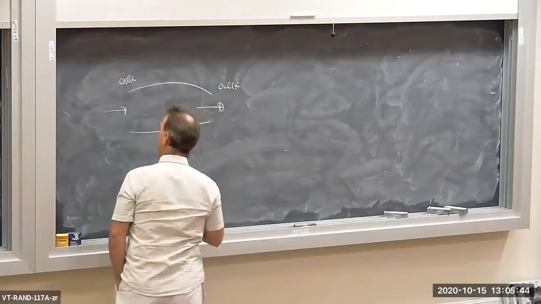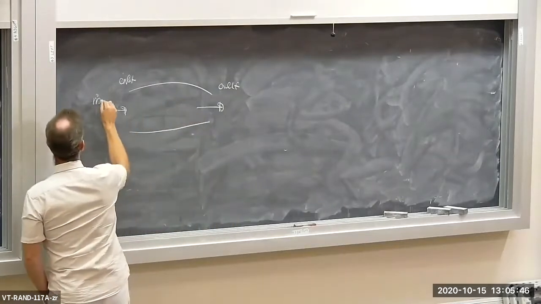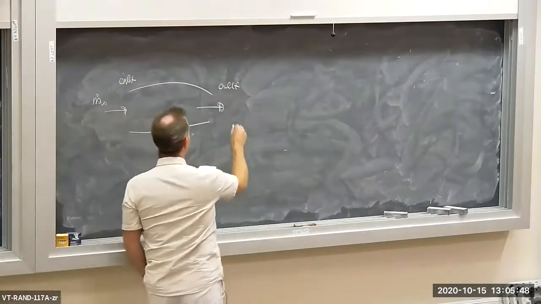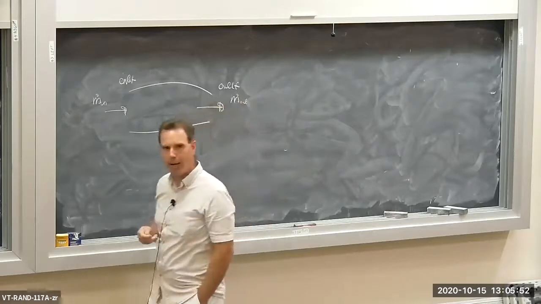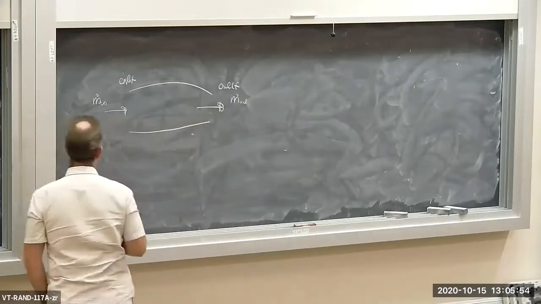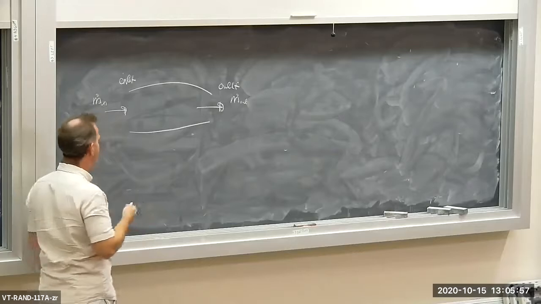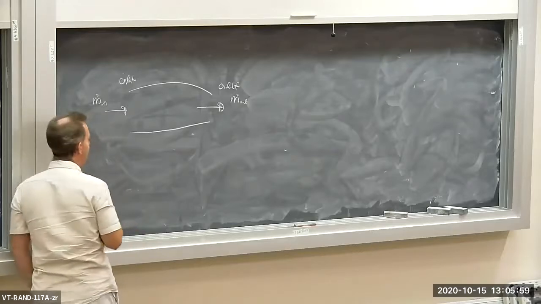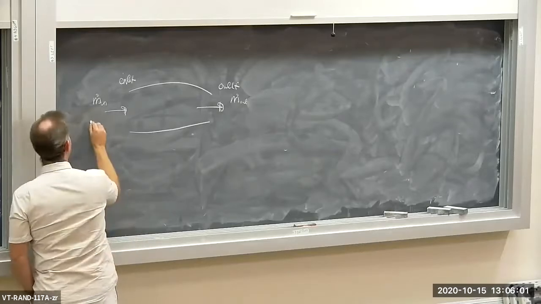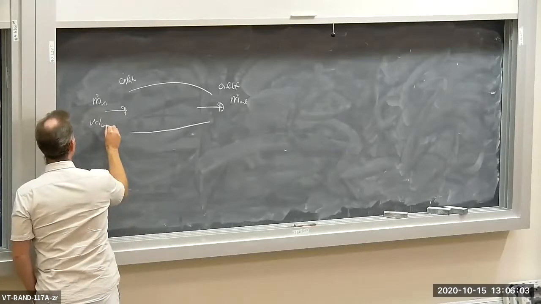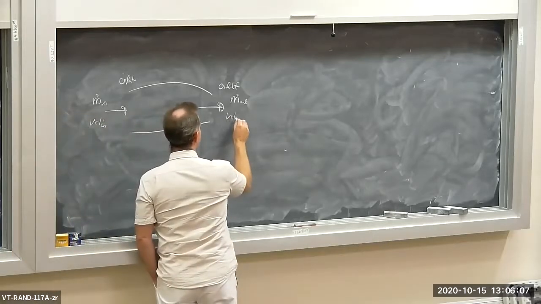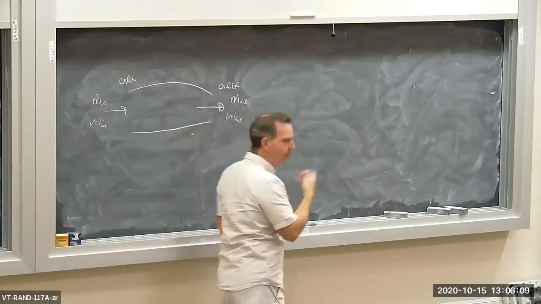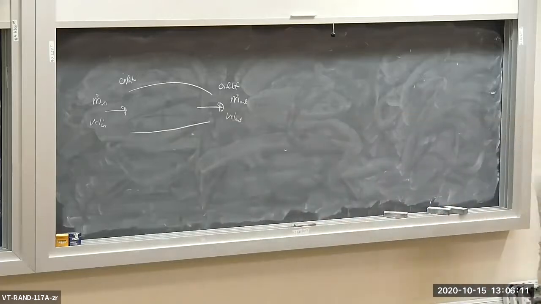I have an inlet mass flow, m dot in, and an outlet mass flow, m dot out. Presumably they're about the same, since m dot for the fuel is typically quite low. So m dot air is basically m dot in and m dot out. We have a velocity at the inlet and a velocity at the outlet, or an average velocity, let's say, for the flow at the inlet and outlet.